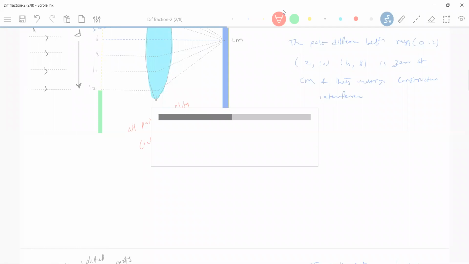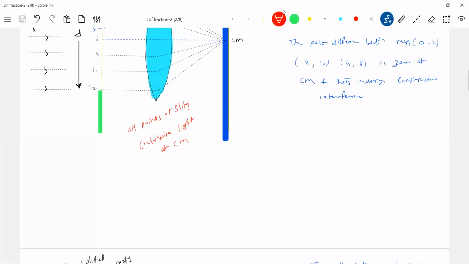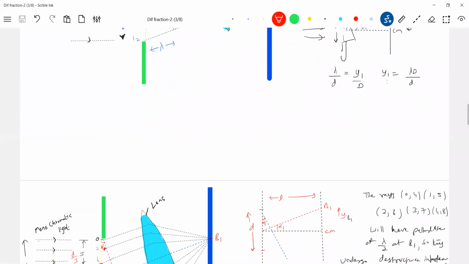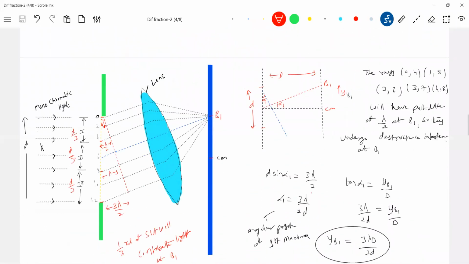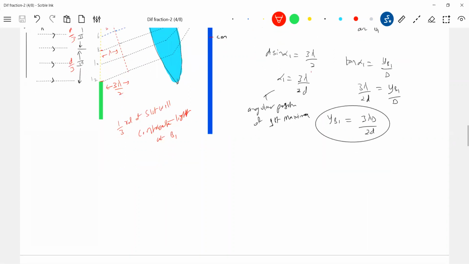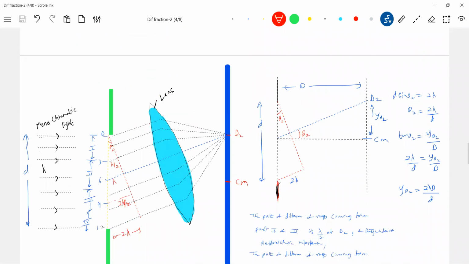All of you, I think now you have some picture of why the pattern is what it is, and the expression I'm giving. There's no element of doubt about the pattern. You can't question, sir, is the pattern like that only? You didn't do the lab. I told you that you should take a laser.